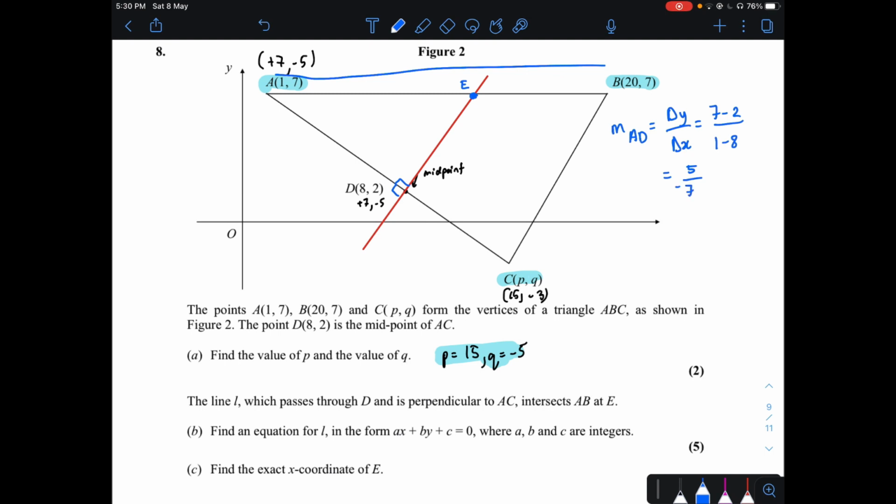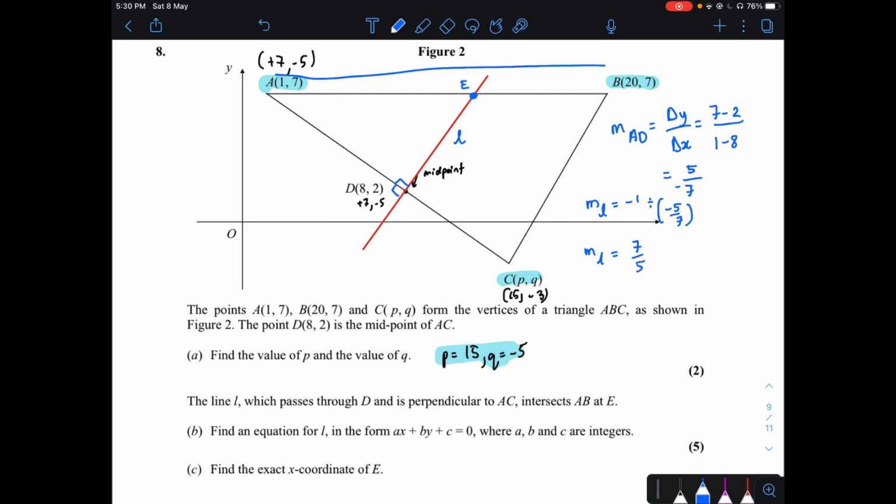But we want the gradient for this line L. So the gradient of line L would be -1 divided by -5 over 7. So the gradient would be the reciprocal, and we take out the negative. So that would be 7 over 5.